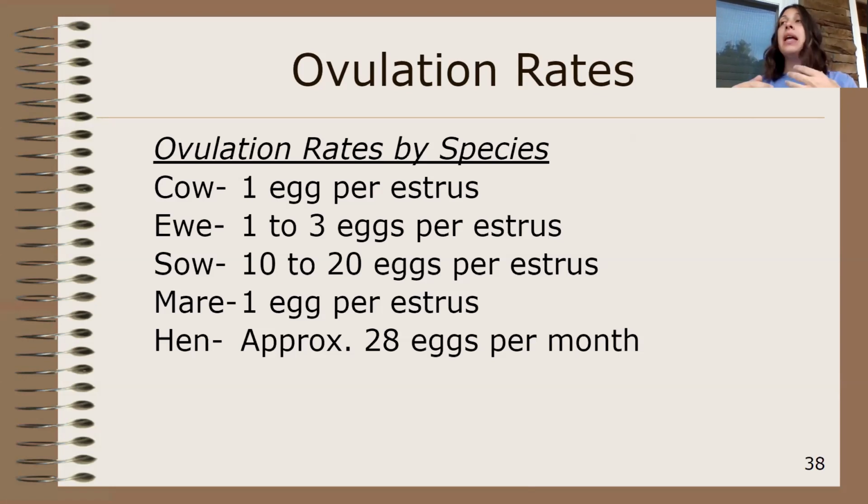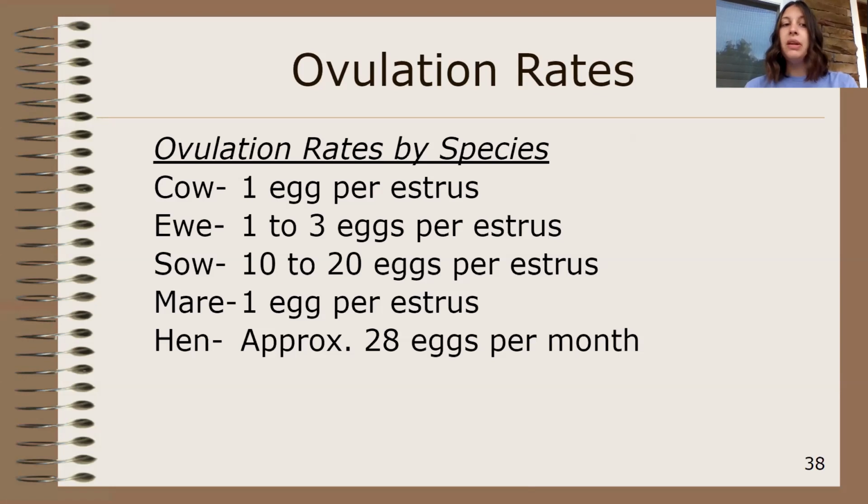Those labs would have about 10 puppies, meaning our female dog, when she was in estrus, would release about 10 eggs. So a sow will release anywhere from 10 to 20 eggs, and any number of those can get fertilized. Typically, about 12 to 15 are going to be fertilized and turn into piglets.